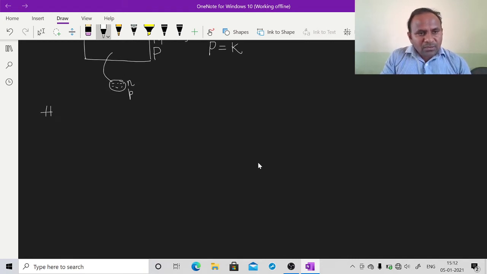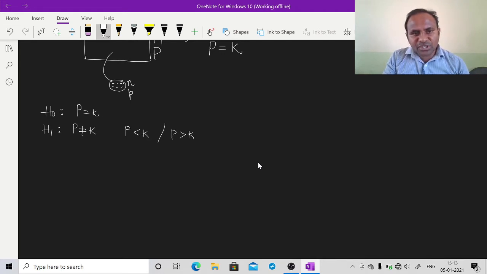Your interest is to test the statement P equals K. For that, you select an alternative hypothesis contradicting your null hypothesis, which should be P not equal to K. Or you may take P less than K, or P greater than K. In any of these three ways you may select your alternative hypothesis.